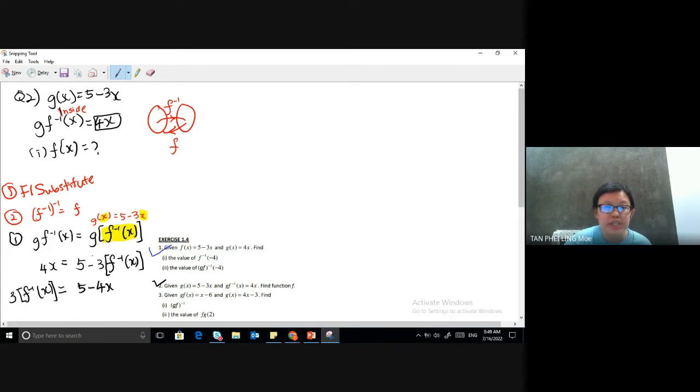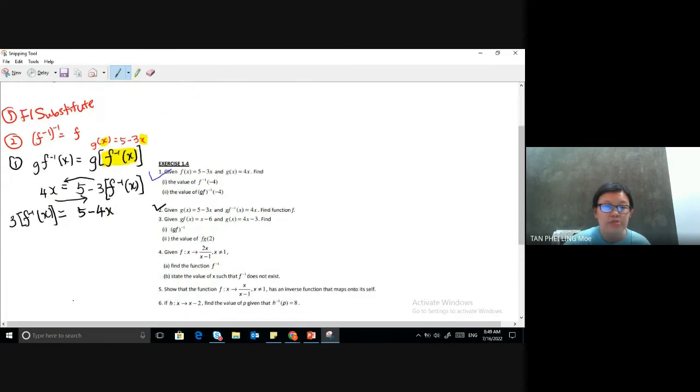As in exchange, this one will come here, this one I'm moving here. So I will have 3 f inverse x. I just want my f inverse x here, so it will be 5 minus 4x over 3. Is it clear? Now I have my f inverse x. I'm done with my step 1.